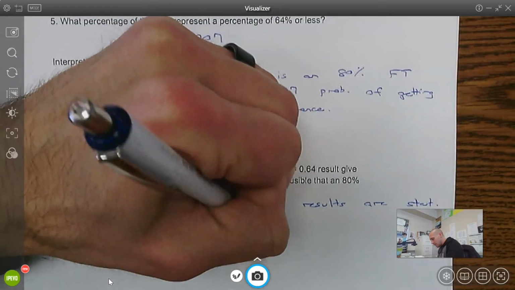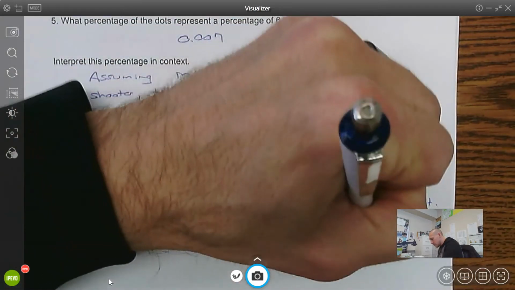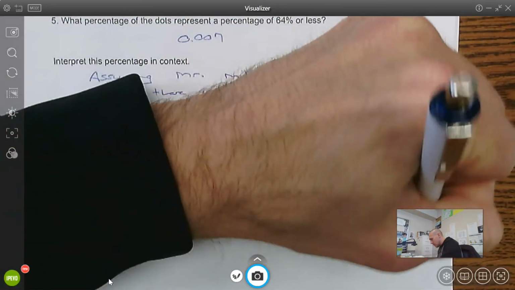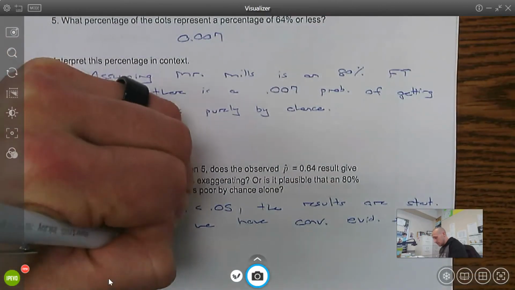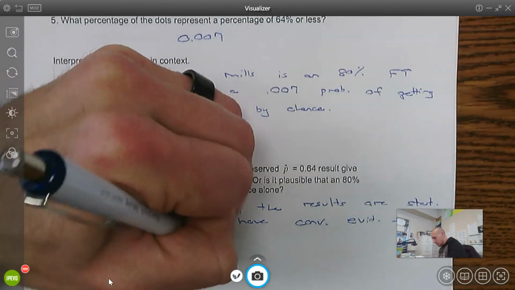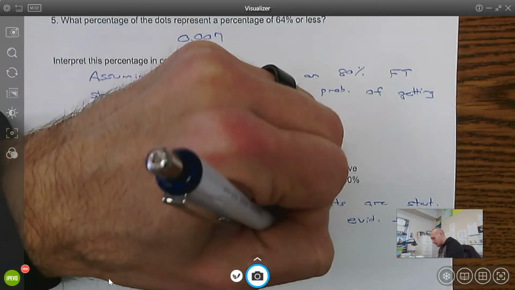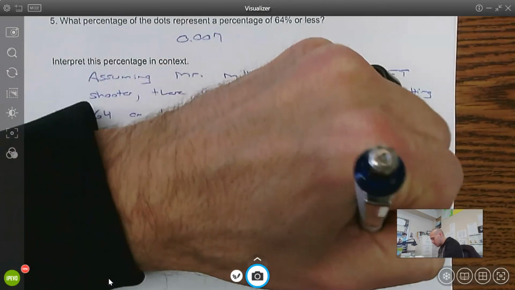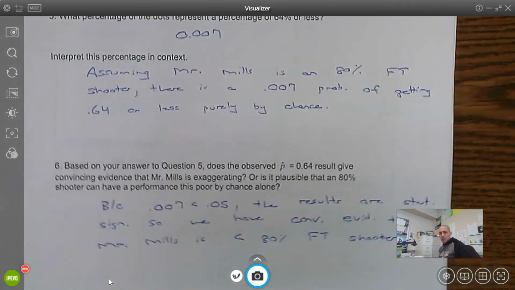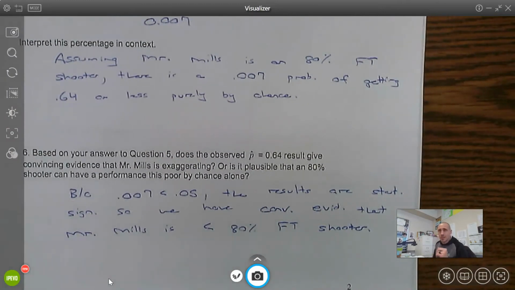So we have convincing evidence that Mr. Mills, that's me, is less than an 80% free throw shooter. Could we be wrong? Yes, but it's very unlikely for an 80% free throw shooter to make only 64% or less of their 50 free throws by chance.